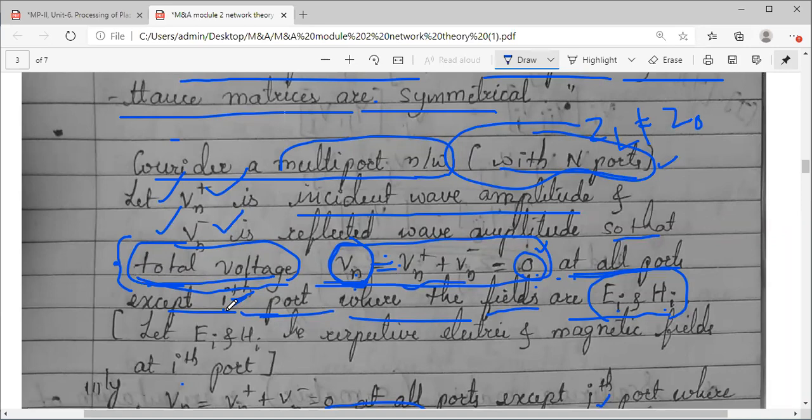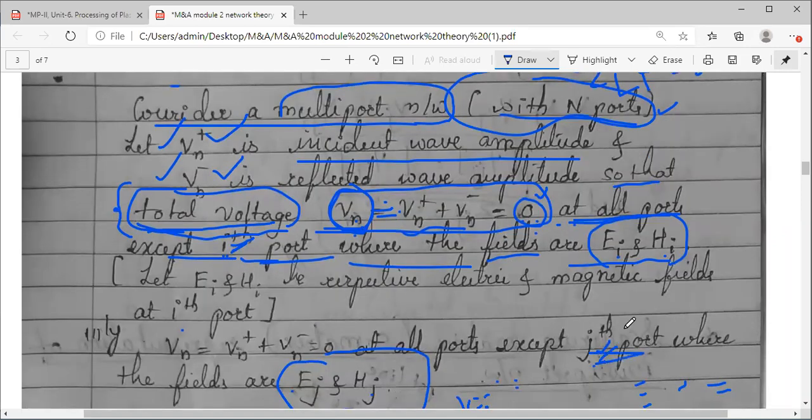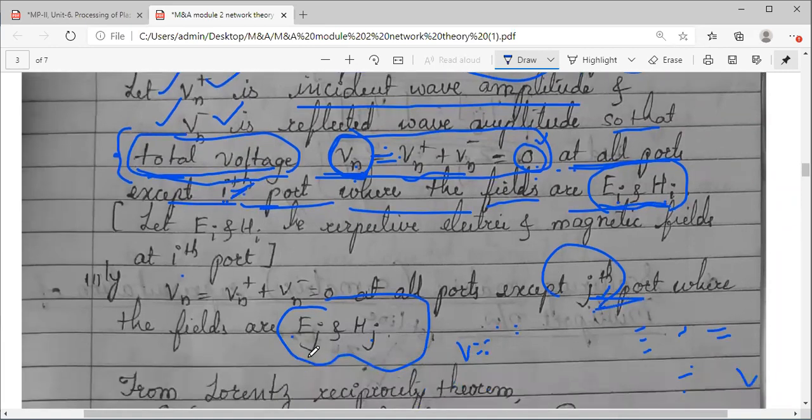Those 2 ports are the ith port and the jth port. In the ith port, the fields considered are Ei and Hi, and for the jth port, the fields considered are Ej and Hj. This is the initial consideration.